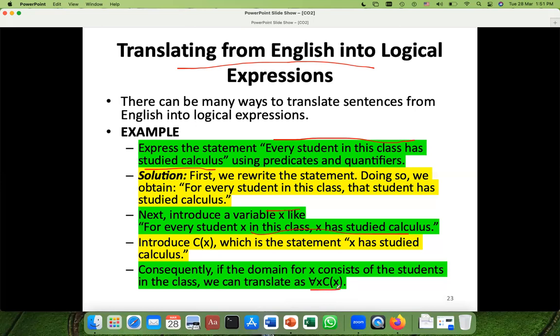And what is C of x? C of x is equal to x has studied calculus. You don't have to write this whole detail. You can simply write this and then say what x is and what C of x is. That is all you need.